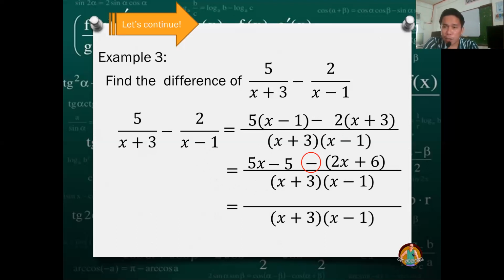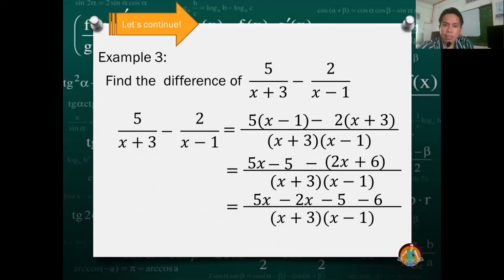Combine like terms. Ano yung combine like terms natin? 5x and 2x. Okay? Bakit 5x minus 2x? Kasi yung 2x natin kanina, diba positive? Magiging negative 2x kasi nga, we will change the sign kasi yung 2x natin is a subtrahend. Klaro ba yun? Sige. Next. Negative 5 and negative 6.